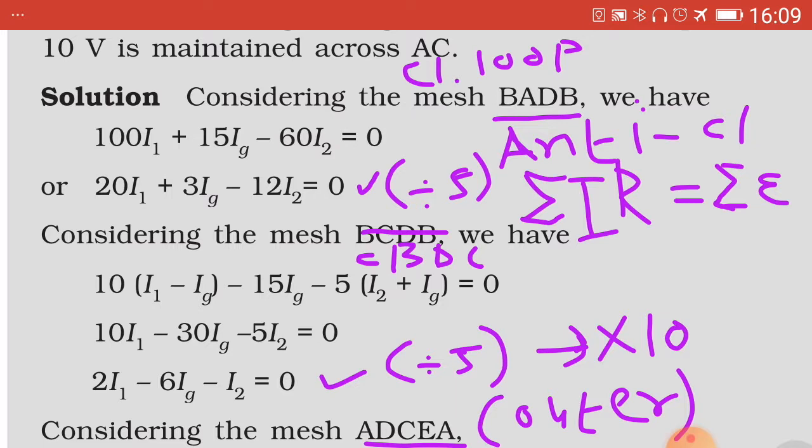Here we have taken it in the middle, but doesn't make any difference. So minus 15 Ig minus 5 into bracket I2 plus Ig, bracket important, equal to 0.